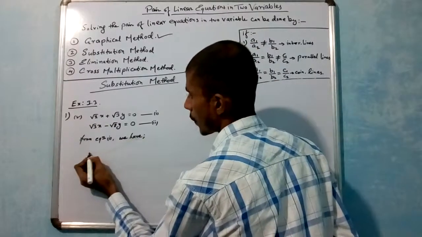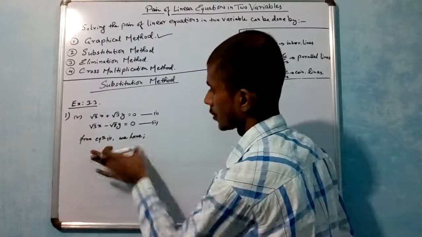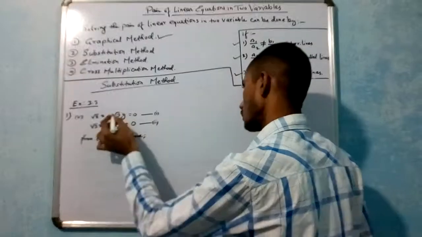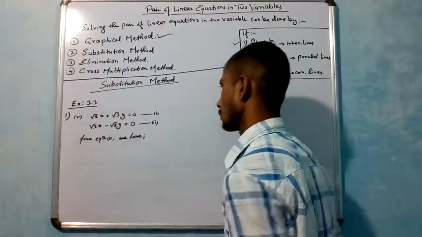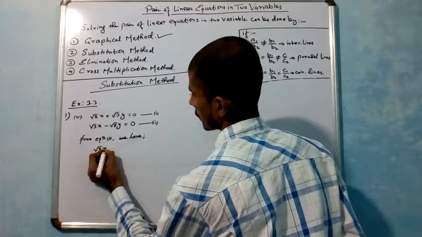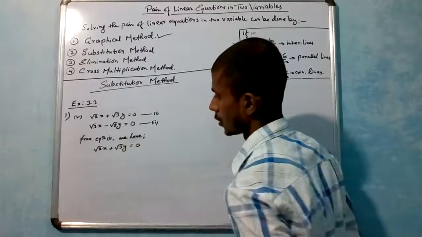It's root 2x plus root 3y is equal to 0.